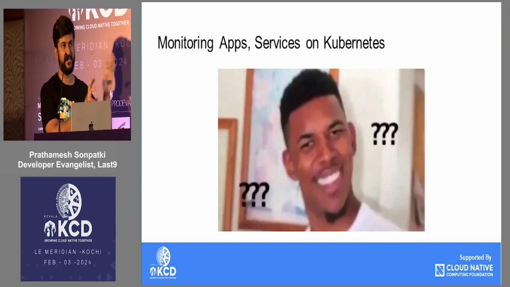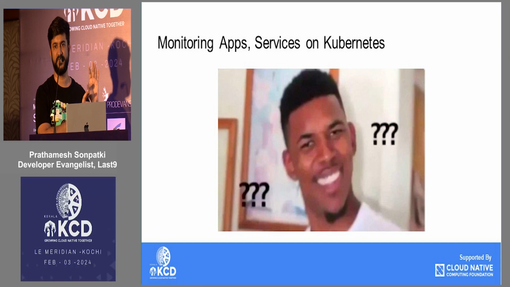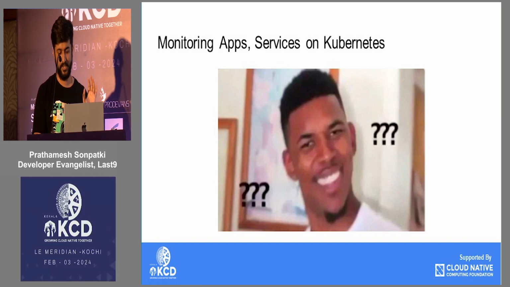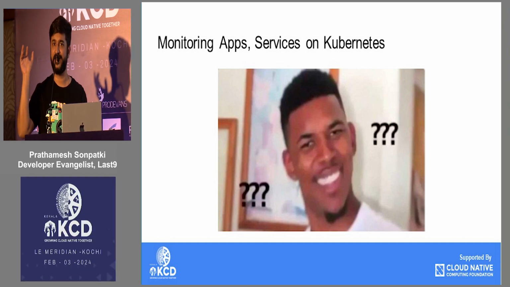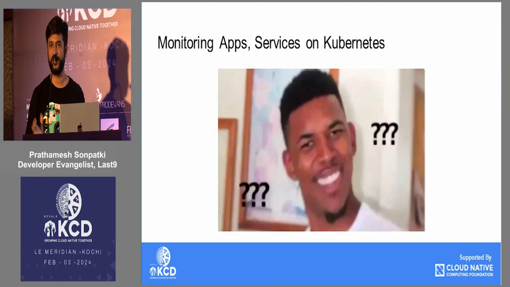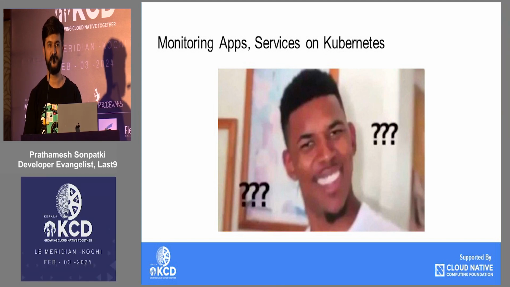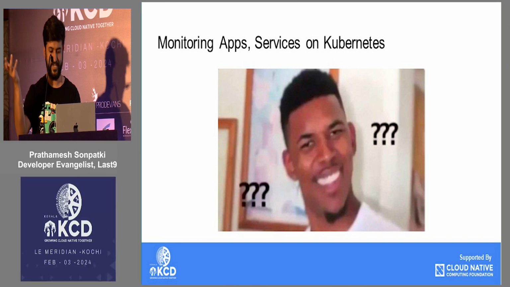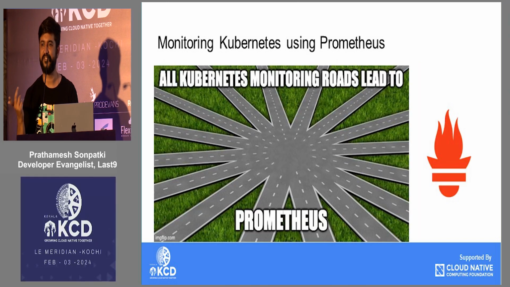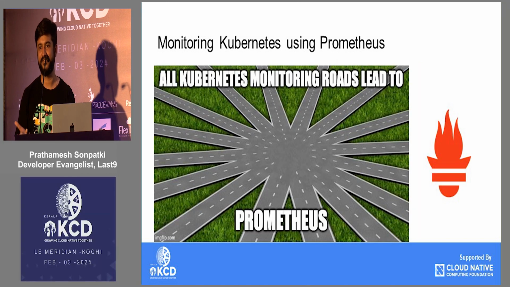Now with all these constraints and the things that we want to solve for, anybody has any guess what kind of tool can solve for this with all these constraints? Prometheus? Okay, great. So let's think what can solve such kind of problem.